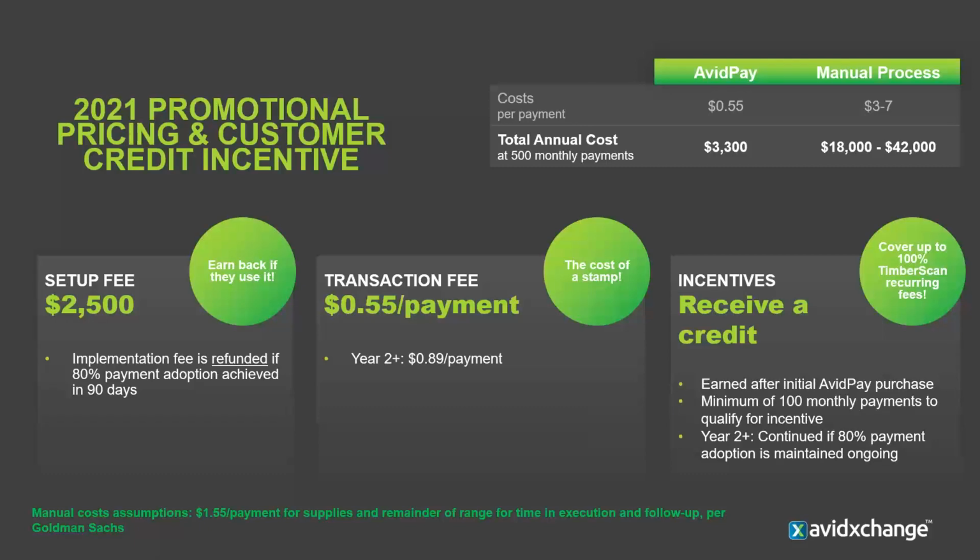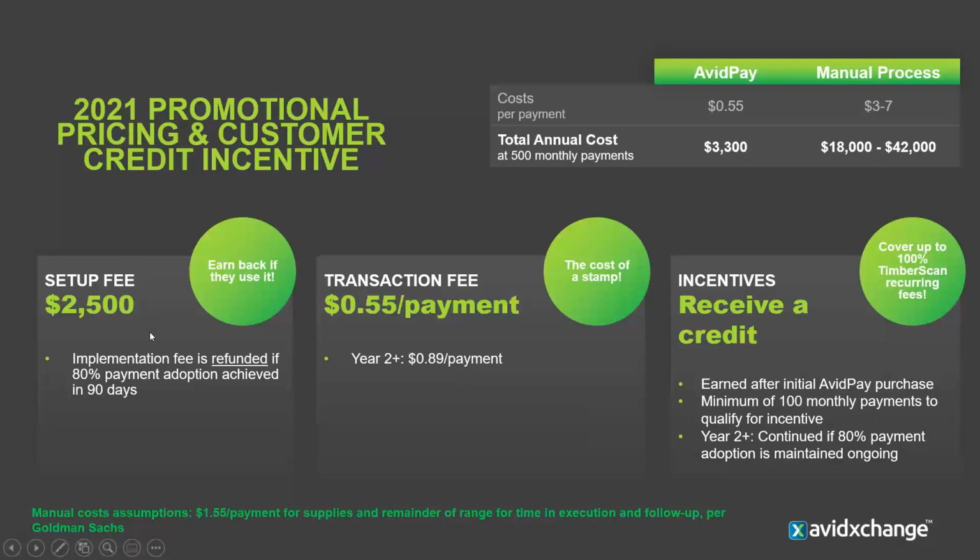Now, the first part of this, that embedded pay program that I demonstrated inside TimberScan, TimberScan Go, basically, that's all free. That's basically just an enhancement to TimberScan that we've built. So all of that comes with the system. But in order to set up the Avid Pay network, there are some things that are involved.